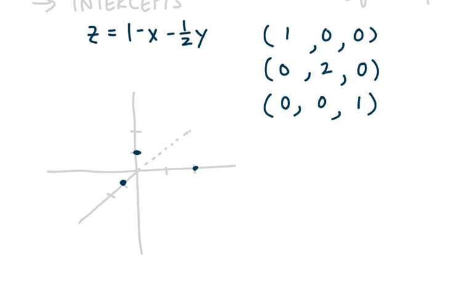So my graph here, now if I connect these, it gives me a triangular region. But these are just 3 points on this plane. This plane extends off of all 3 of those lines infinitely in all 3 directions.